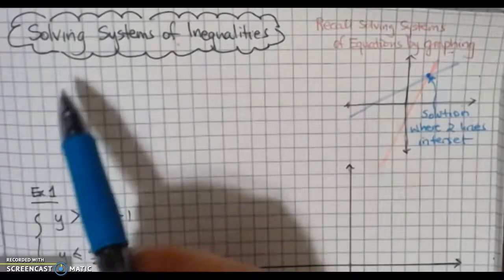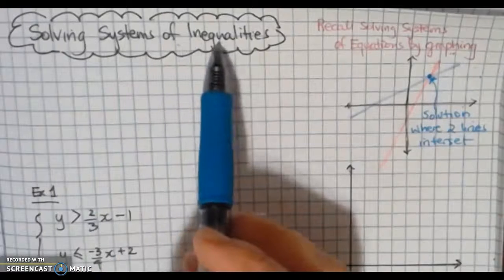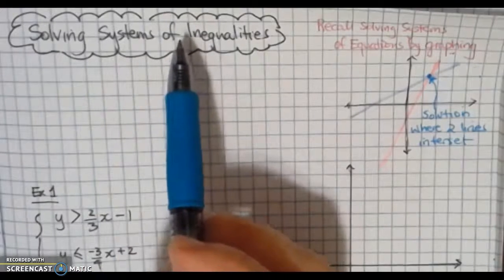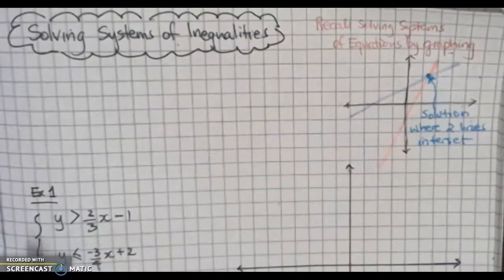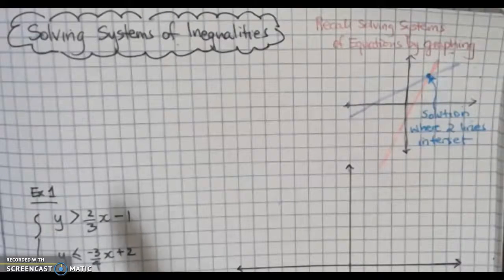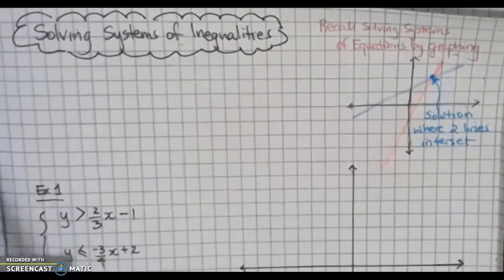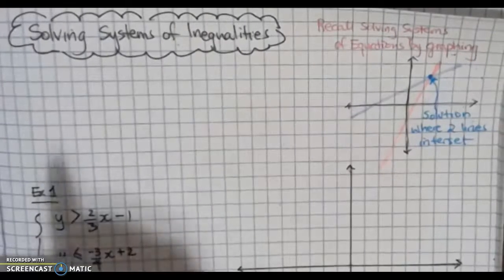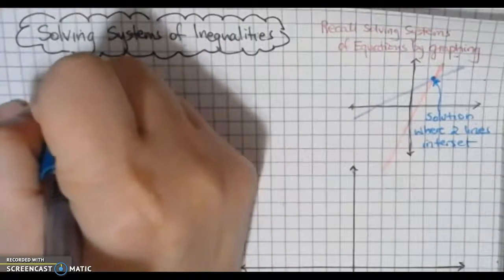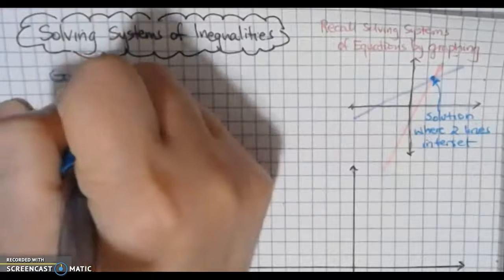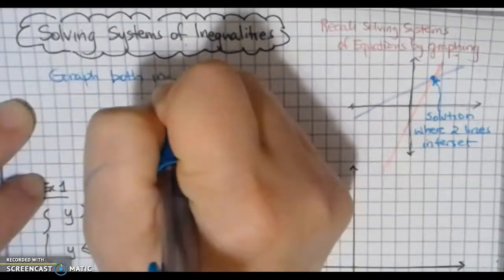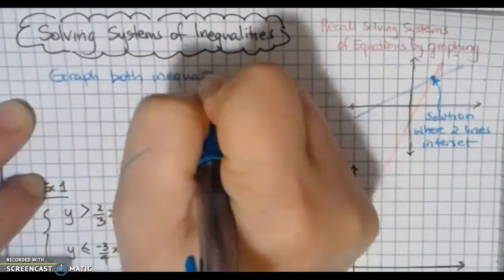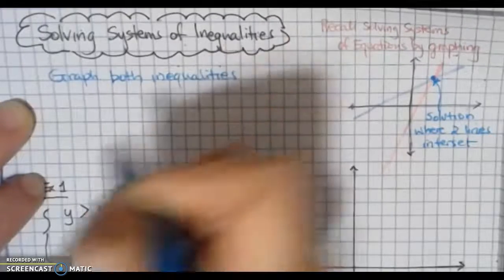Okay? So when we're looking at solving a system of inequalities, instead of a point of intersection, we have a region of intersection, the area that is overlapped. So what do we do? We start by graphing both inequalities. That's our first step.